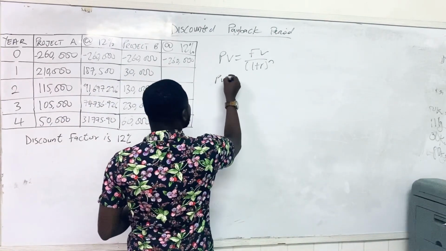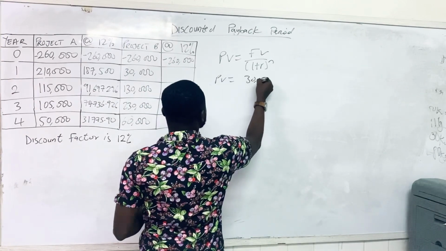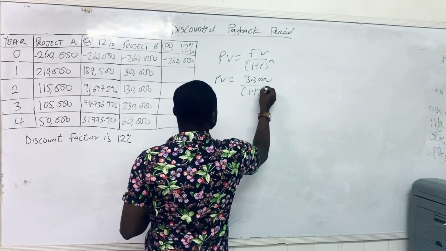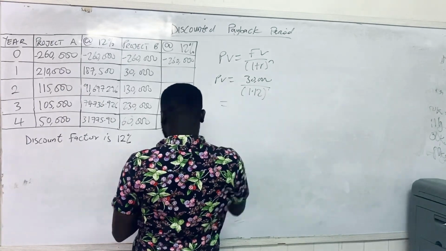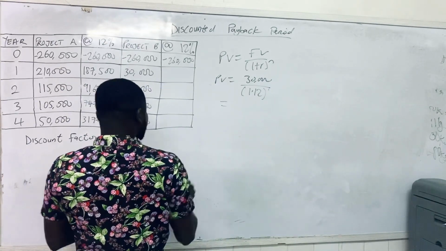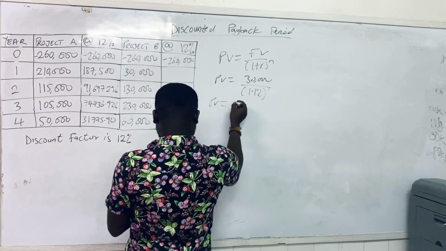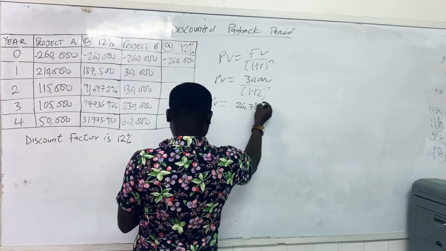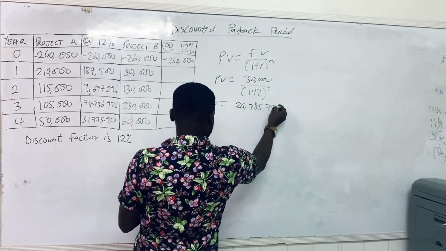So PV equals 30,000 all on 1.12 exponent 1, and that is going to give us 26,785.714.